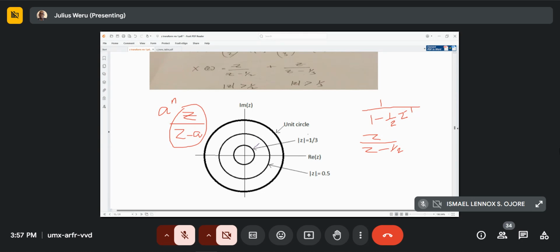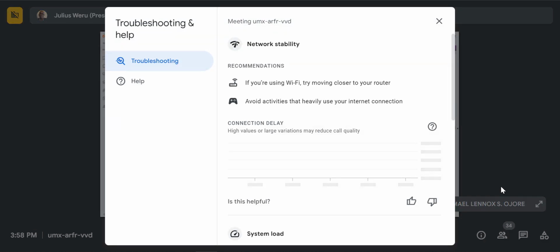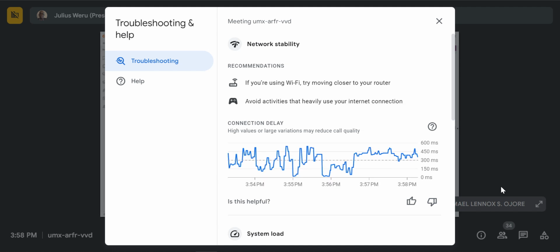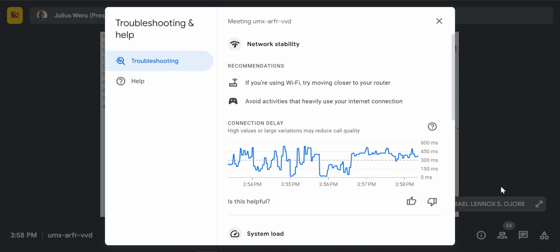Because one starts from here and one starts from here, the common ROC is from here, and the poles are contained within the unit circle.